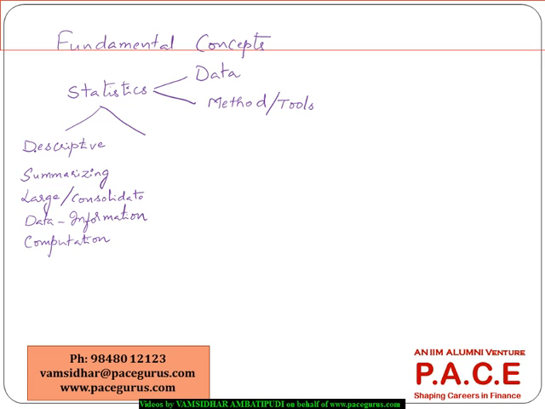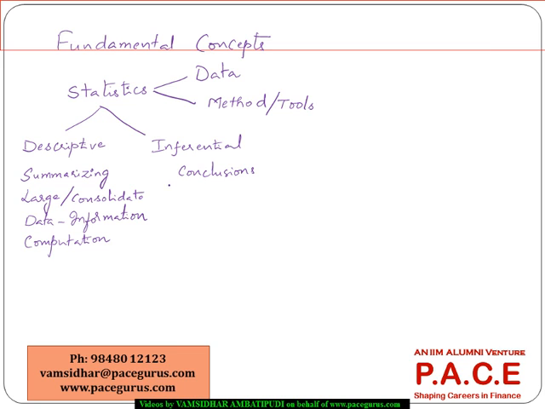Whereas when I am talking about the inferential statistics, there is something else that is coming out, wherein my intention is to make some kind of conclusions from the data that the descriptive statistics has given me.